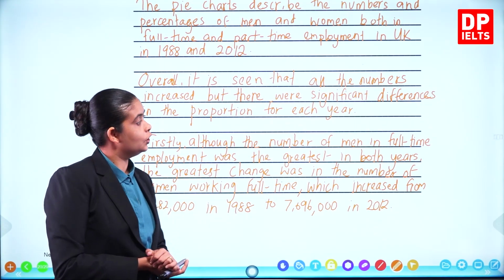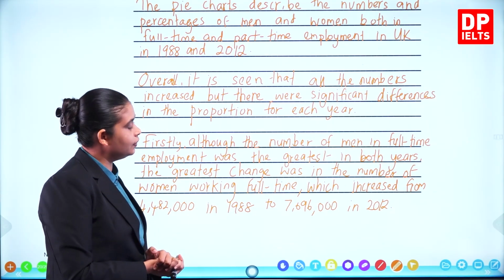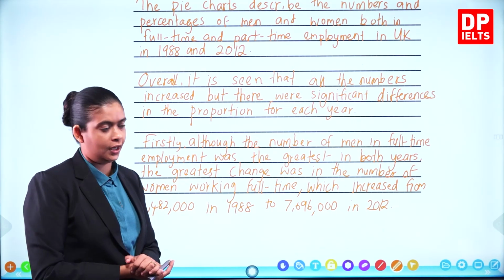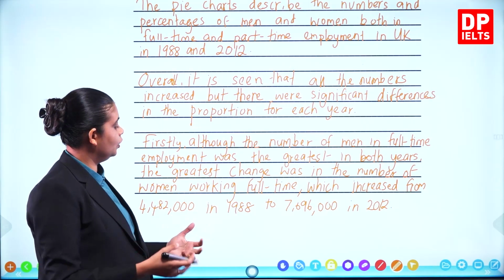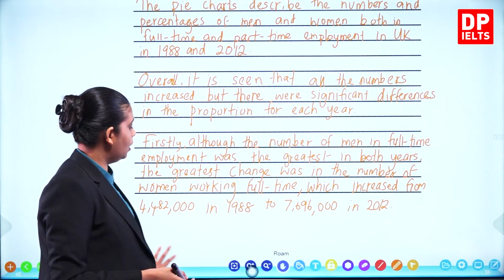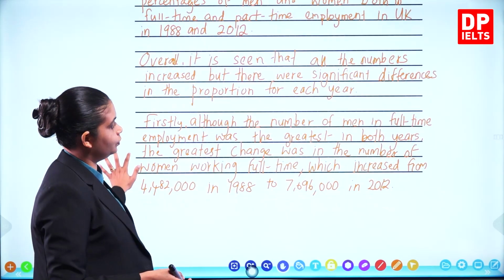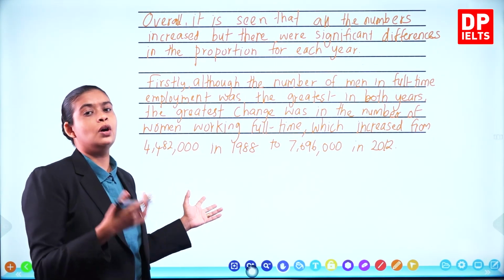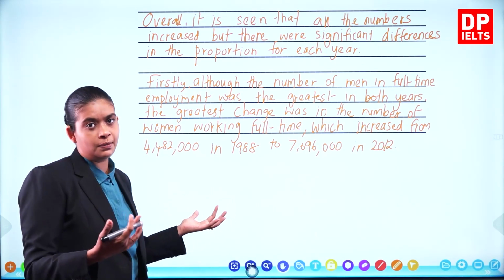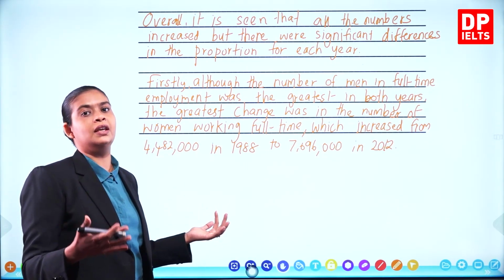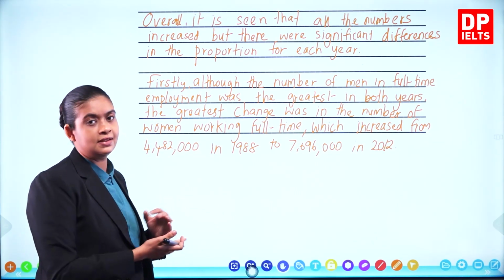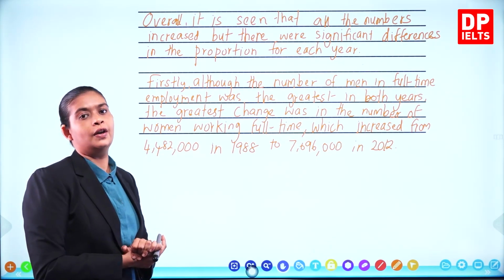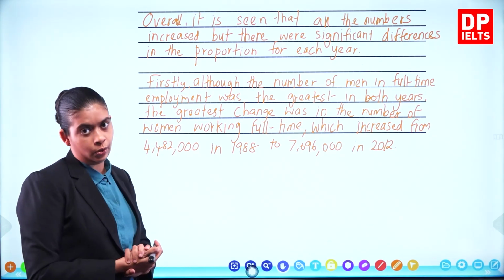You can do it the way you want to. This is only a sample. Your answer could be written in a different manner but still be correct if you've categorized it and written it in a proper logical order.